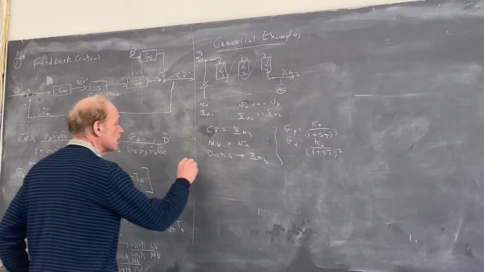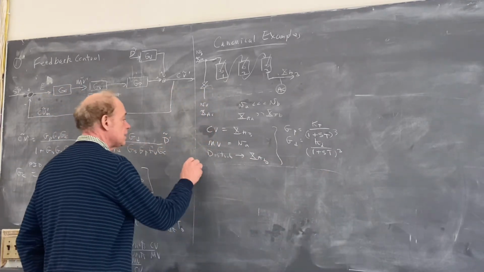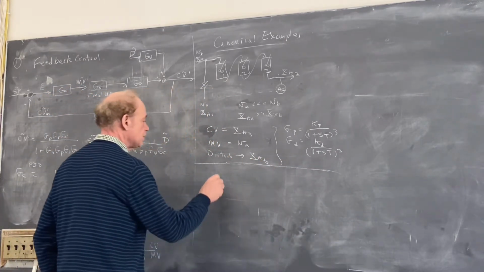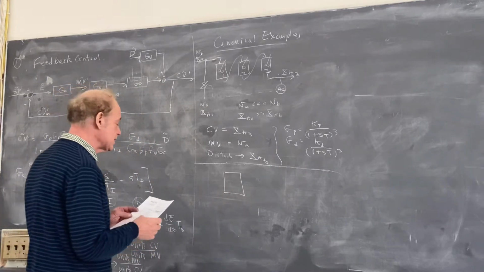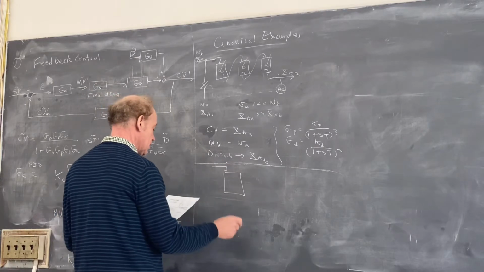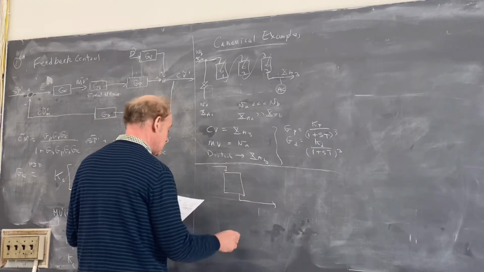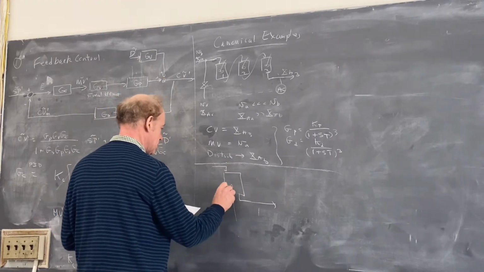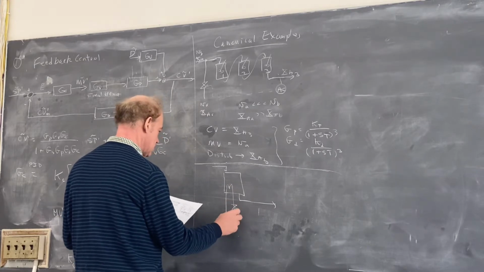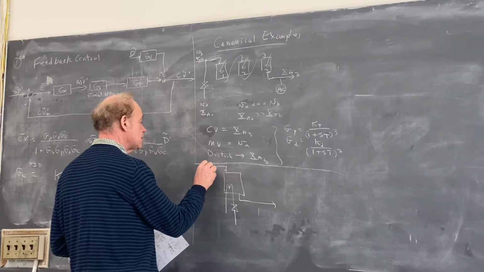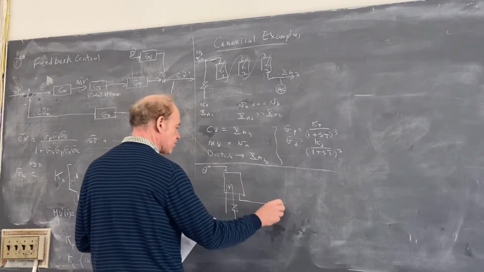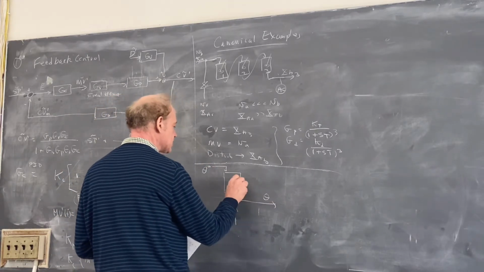And the second canonical example is the energy balance one, which I worked out last time. Here I have a theta in, the temperature in. Here I have a theta out, which is the same as theta.